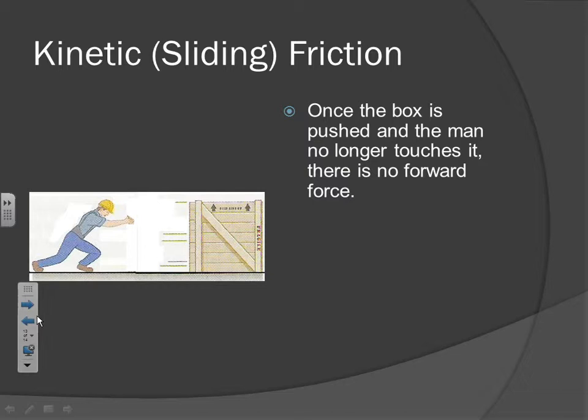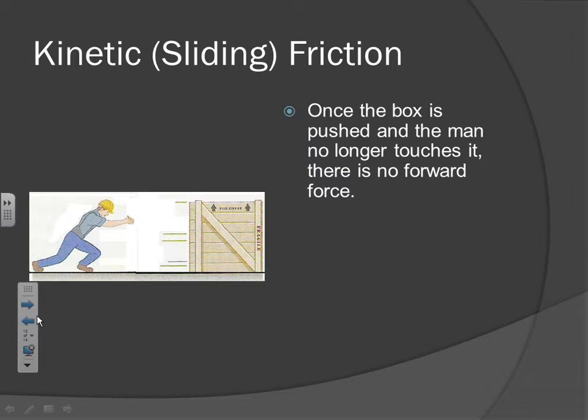Once the box is pushed, right? Once that book leaves my hand, the guy pushing the box and me pushing the book are exactly the same situation. Is there an applied force to it? No. In order for me to apply a force, what do I have to be doing to that book? Touching it. As soon as it leaves my hand, there's no force in the forward direction.